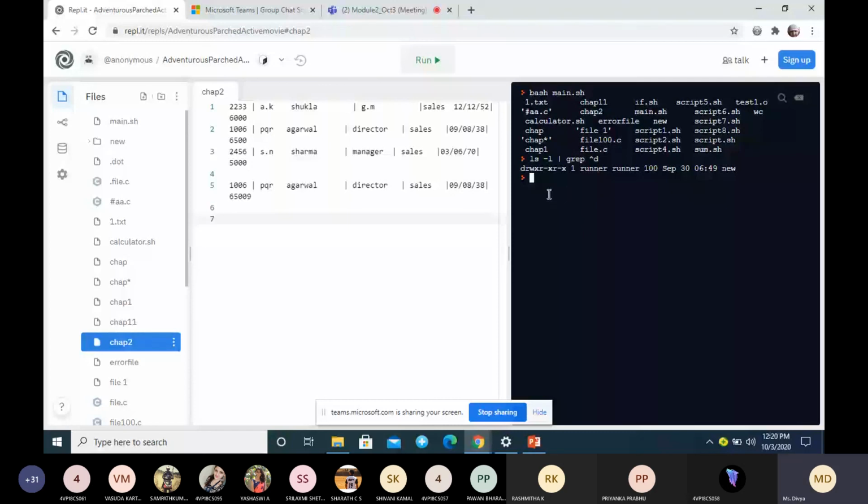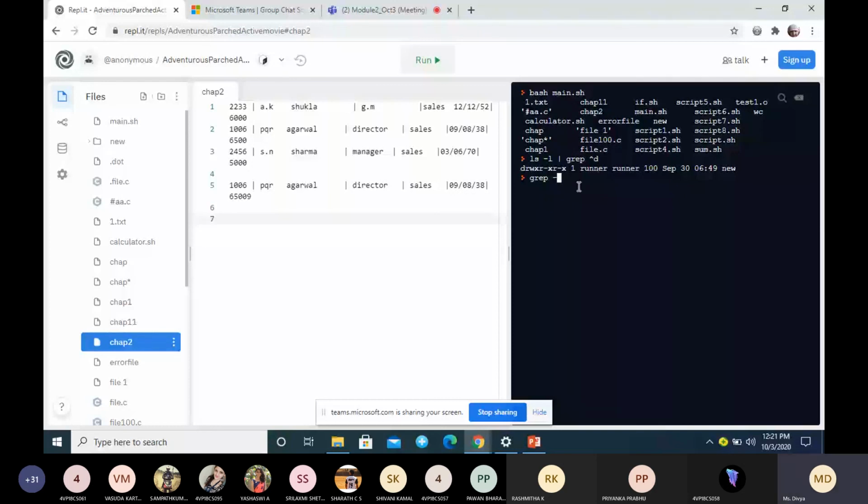So with grep you have to give minus e, because plus and question mark are extended regular expressions. Don't use a space. Minus e is a must.